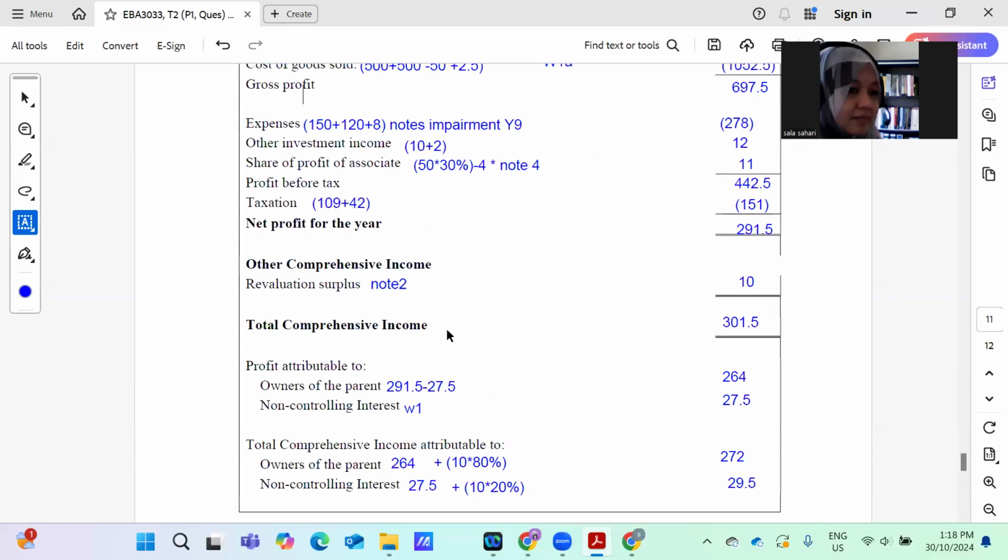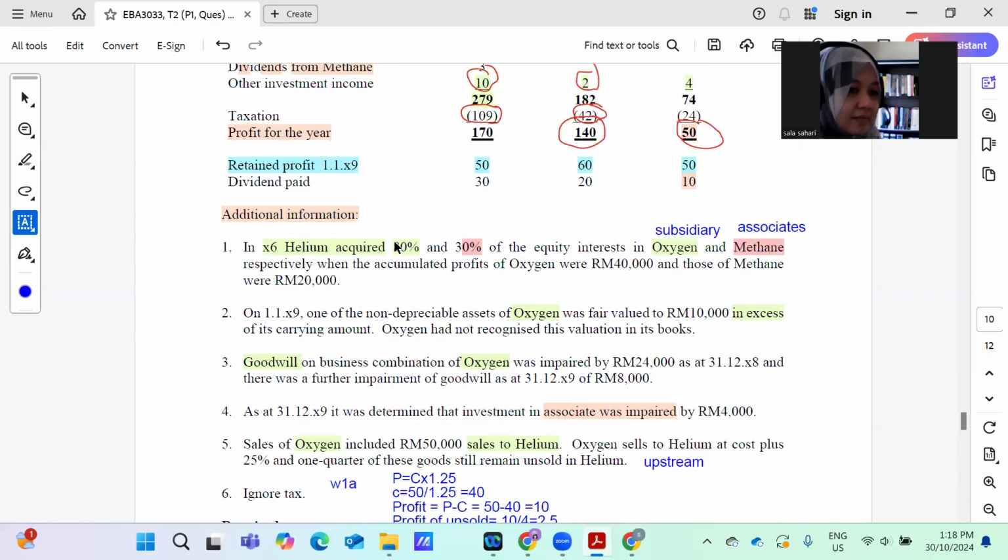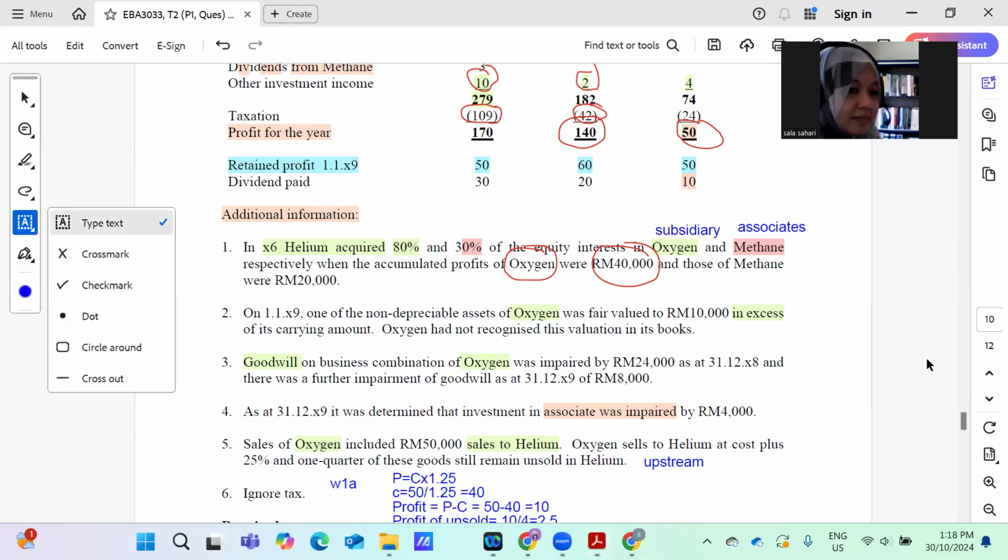You just look at the notes. Number 1. In helium, the beginning of the profit, the accumulated profit is 40,000, right? So you take this 40,000. This one in oxygen. So we take 40,000.